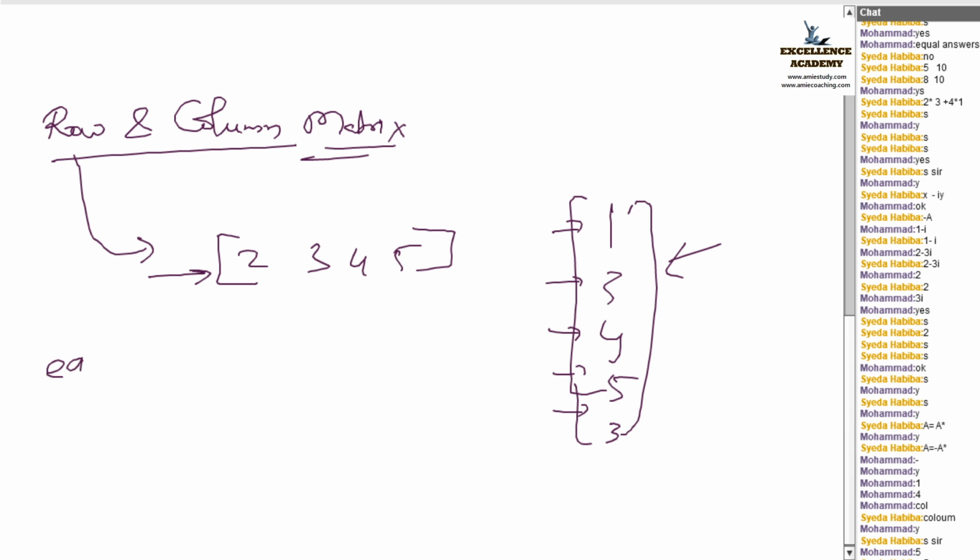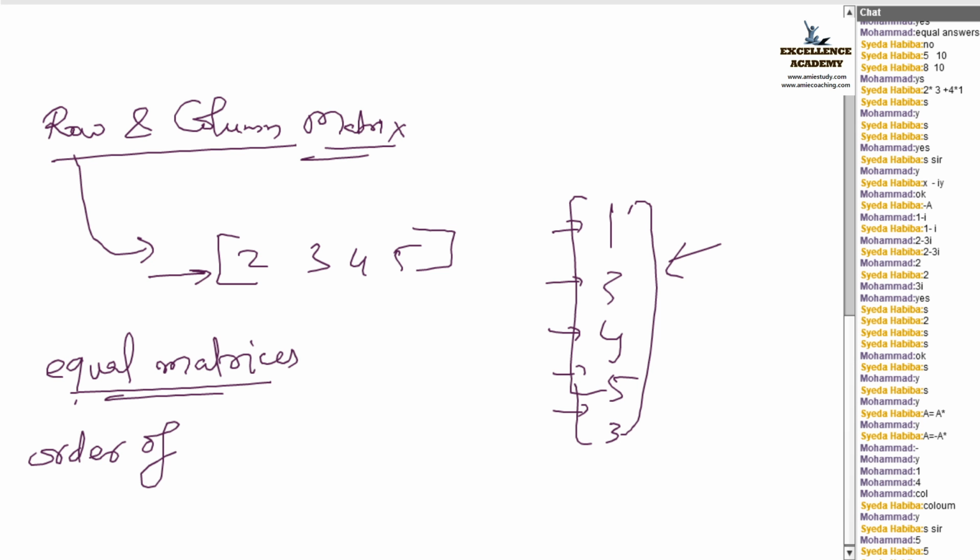And what about equal matrix? When can you tell the matrices are equal? What about the order of the matrix? Should they be the same? Is it necessary that m equal to n?